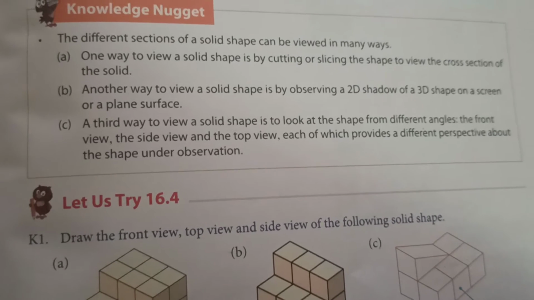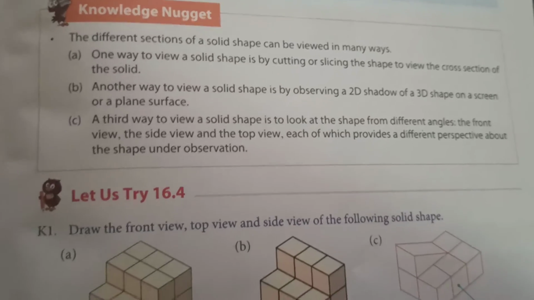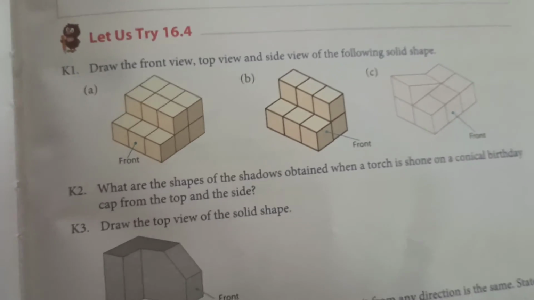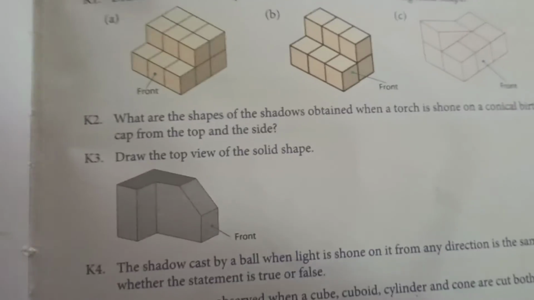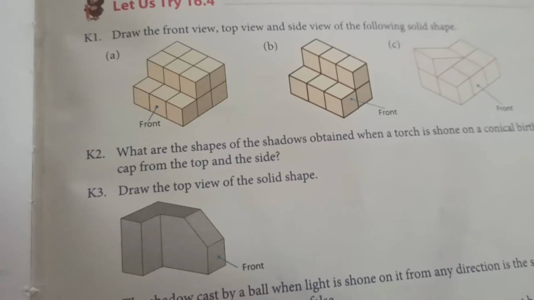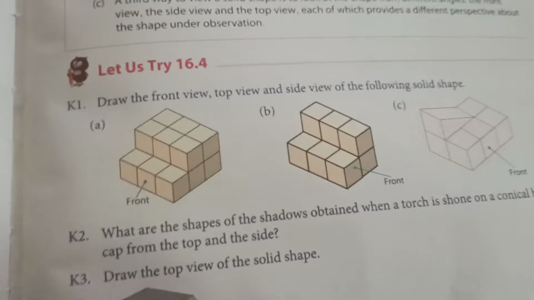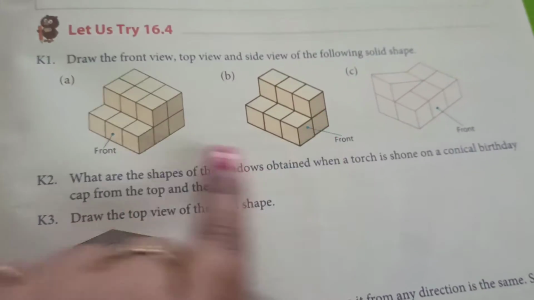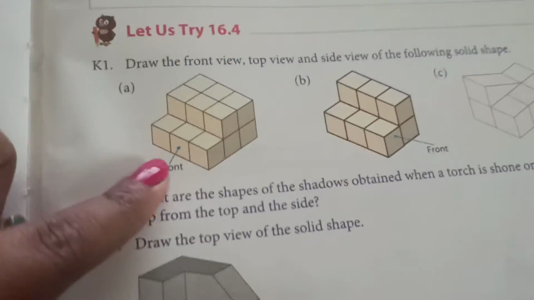So these are the three views: the first one we viewed with the help of cross section, second with the help of shadow, and the third with different angles: top view, front view and side view. Now the key one, first question of exercise 16.4: draw the front view, top view and side view of the following solid shapes. Shapes are given to you and you have to draw their top view and side view. Front view is mentioned here.